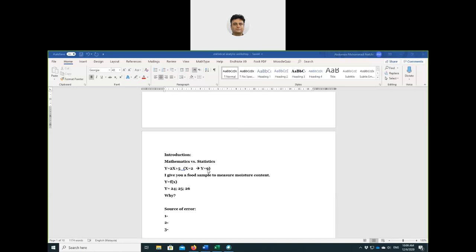In mathematics, we have a precise result. We have one x, and if you are learning the basics, you will calculate the y, the dependent variable, as an exact amount.